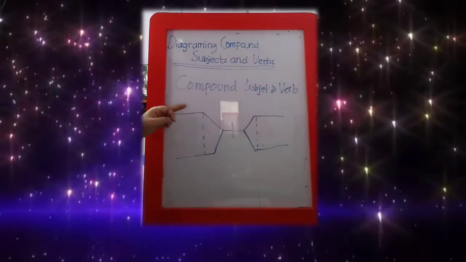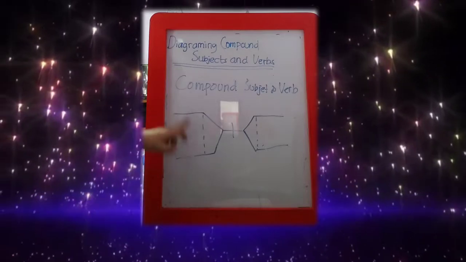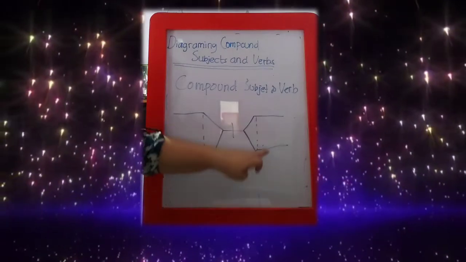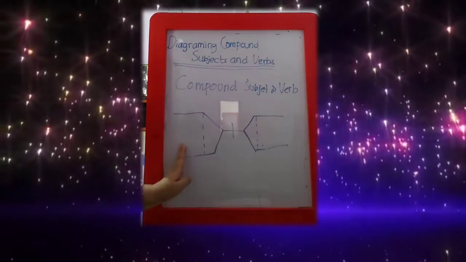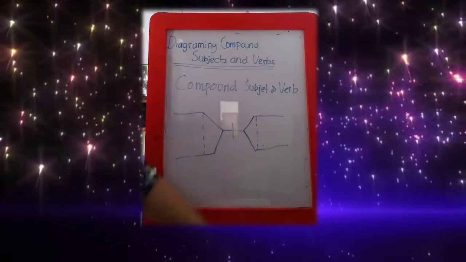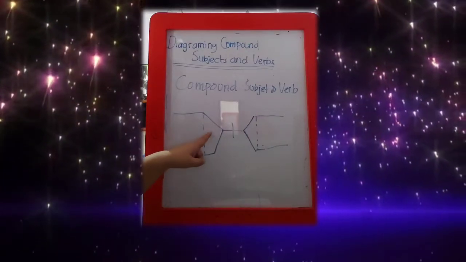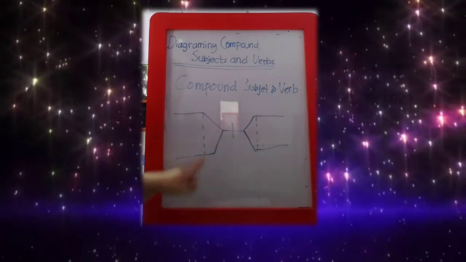Then here we put the compound subject, and here we put the compound verb. So the compound subject is on the left side and the compound verb is on the right side, and then we put the joining word inside the triangle.